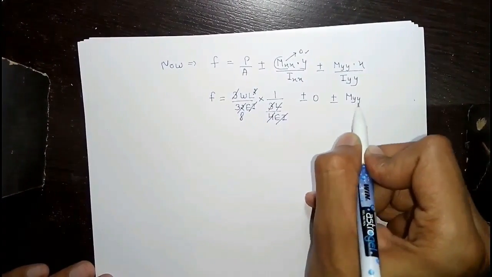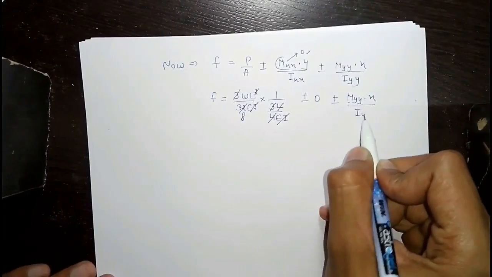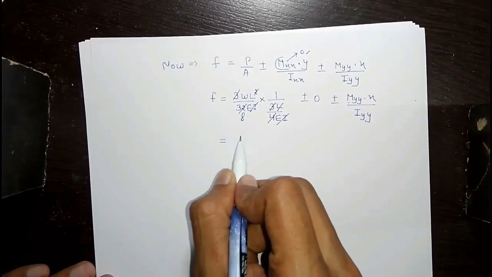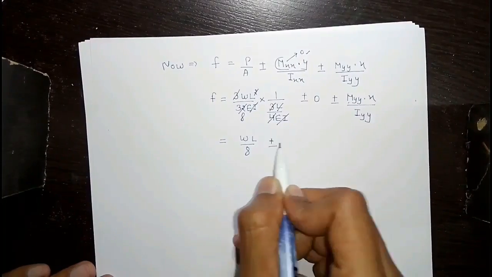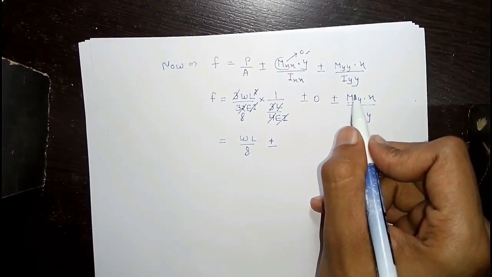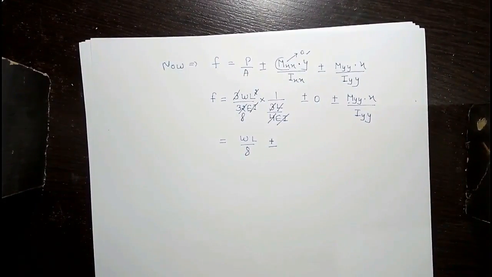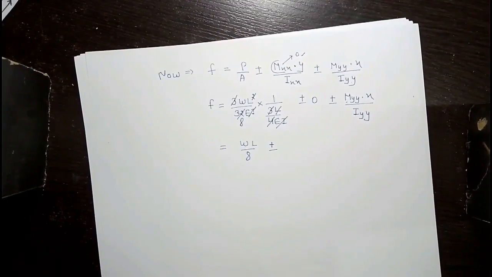minus Myy dot x divided by Iyy, WL by 8 plus minus Myy. Myy will be negative. Why?